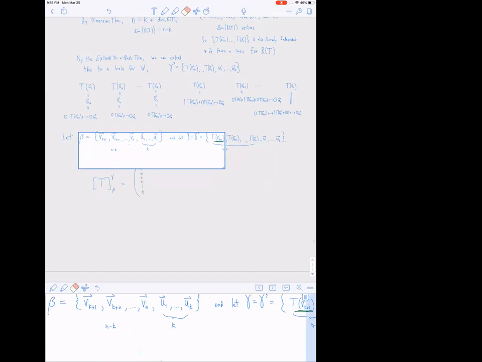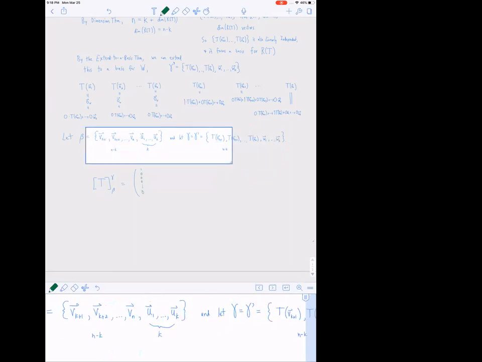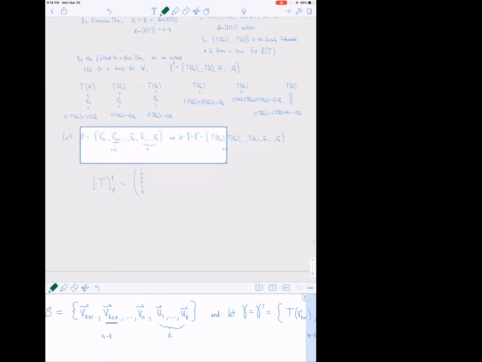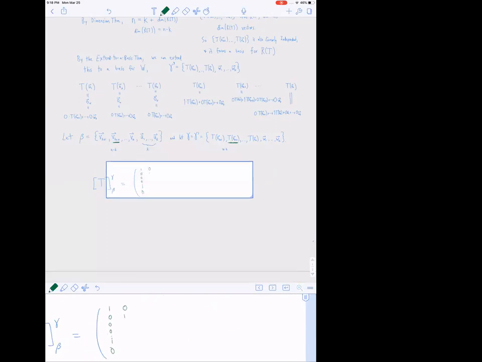Then when we apply T to the second vector in this basis, we're going to be able to write it as 0 times the first element of gamma plus 1 times the second vector of gamma plus 0 times the rest. So the column 0 and then 1 and then a bunch of zeros.